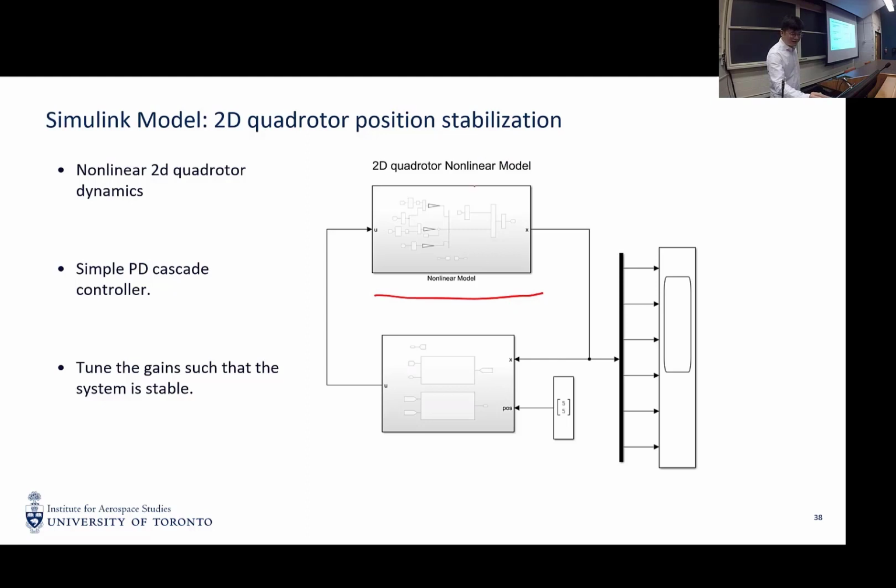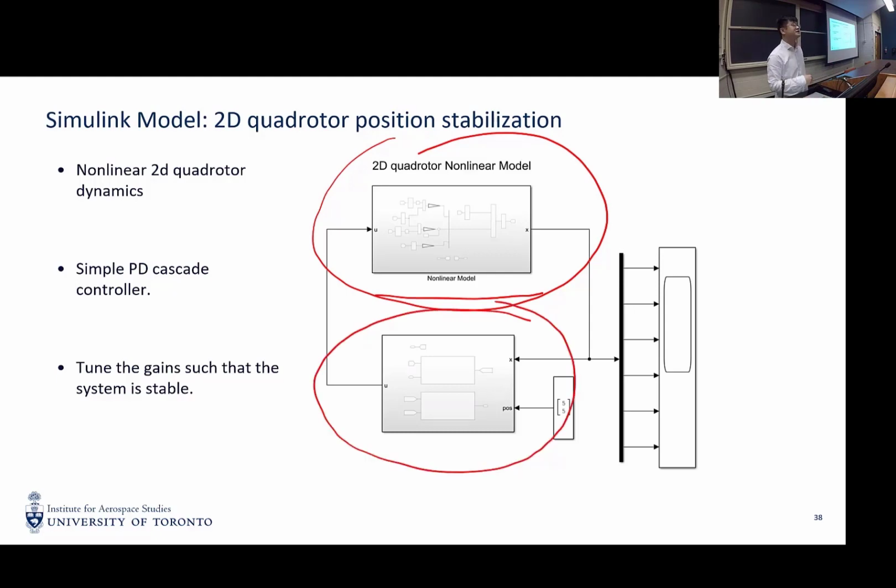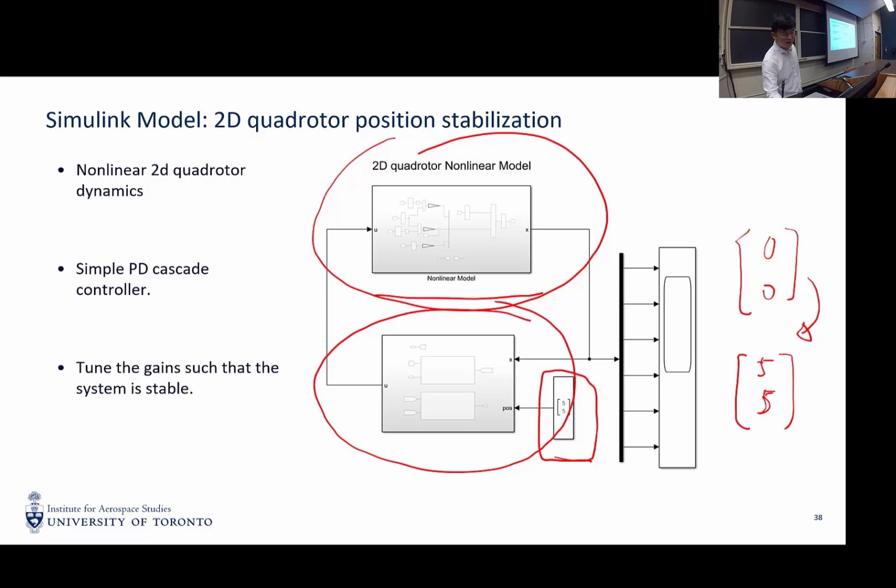This upper block is the model. It's a nonlinear dynamic model, and the lower block contains all the controllers. And this is our target location. So here in the simulation, I set as 5 and 5. So it starts from 0 and 0, and we want the Quadrotor to fly to y equals 5 and z equals 5.